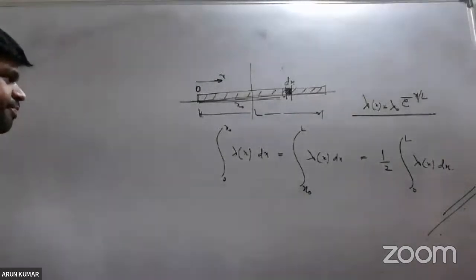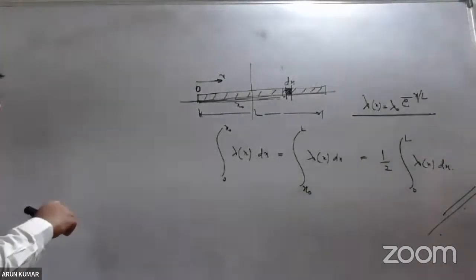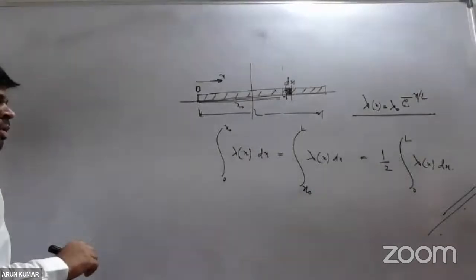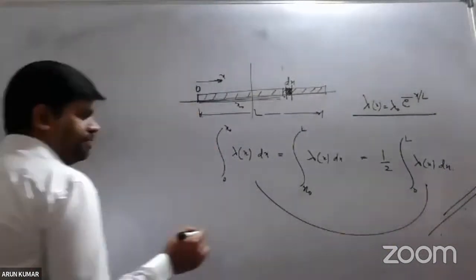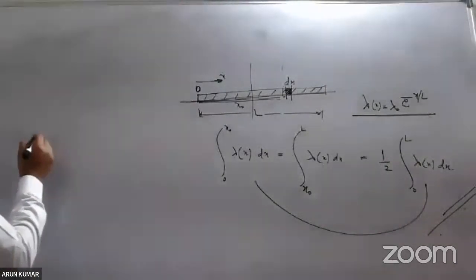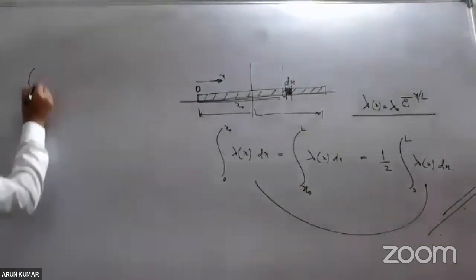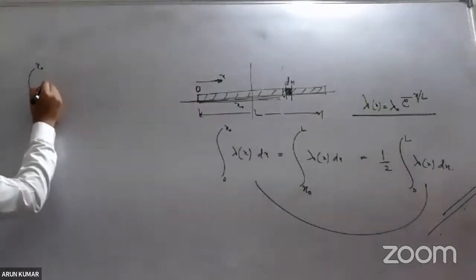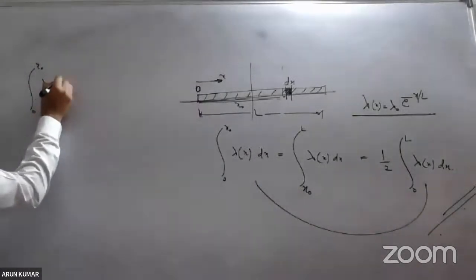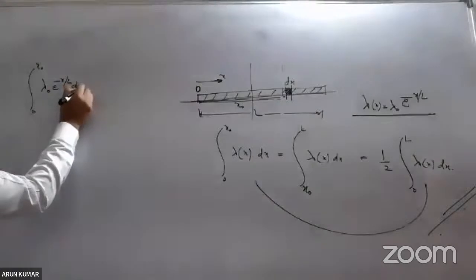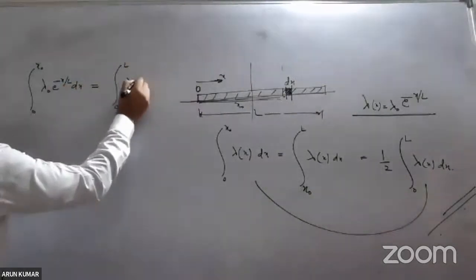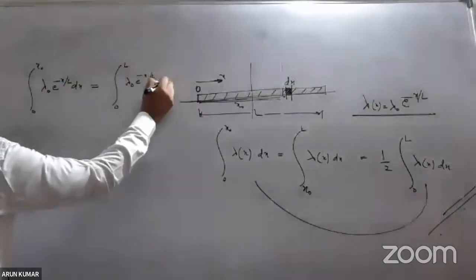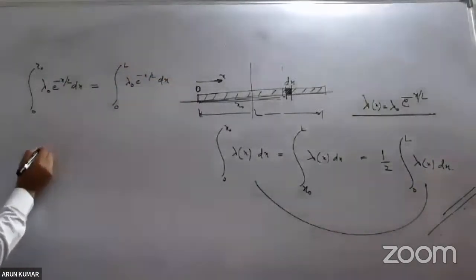Okay, let's do it together. I'll use these two first. So I'll write the integral from 0 to x naught of lambda naught into e power minus x by L dx should be equal to the integral from 0 to L of lambda naught into e power minus x by L dx. So lambda naught gets cancelled out.